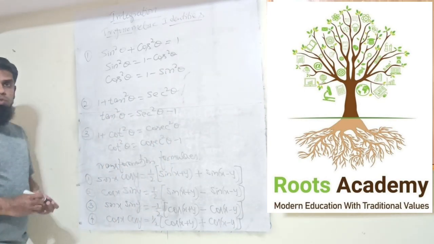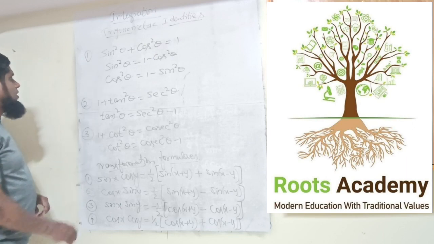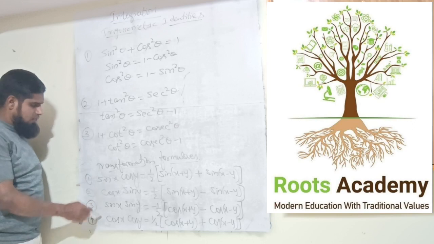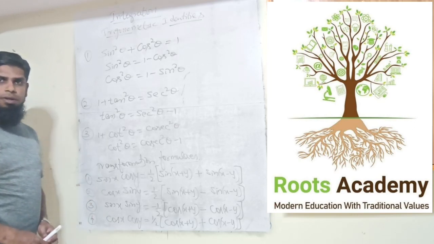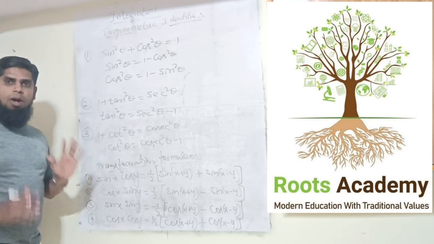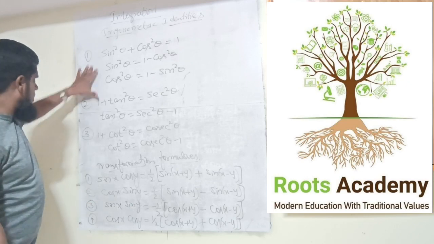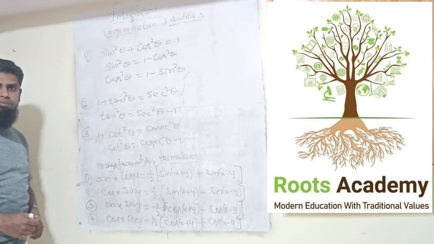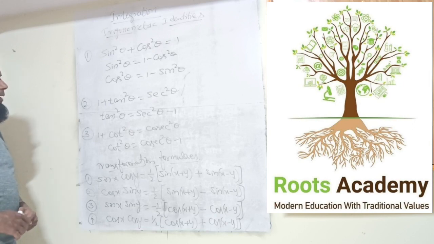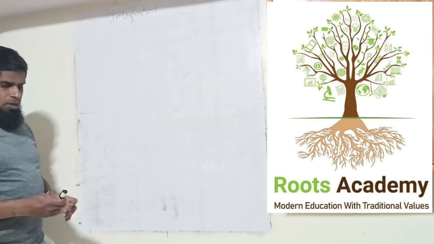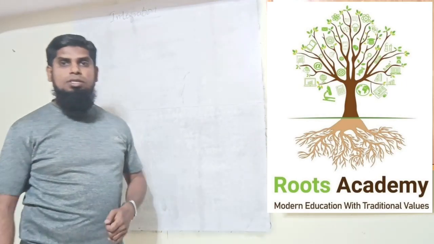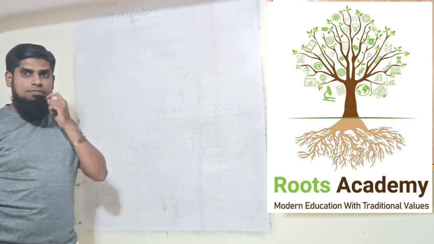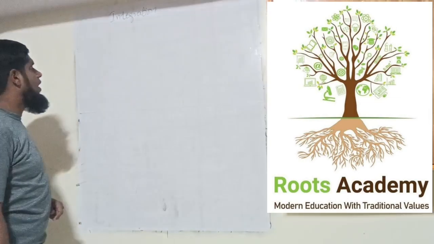So students, today we are going to use all these formulas: 3 identities and 4 formulas. Whatever problems we solve today are purely based on these formulas, so I hope you remember them. Okay students, now let us solve the problems of integration based on trigonometric identities.